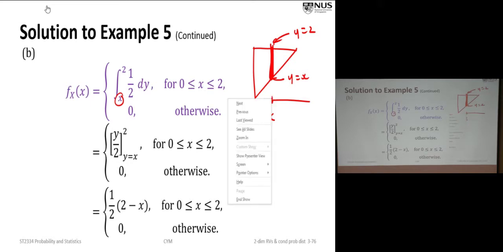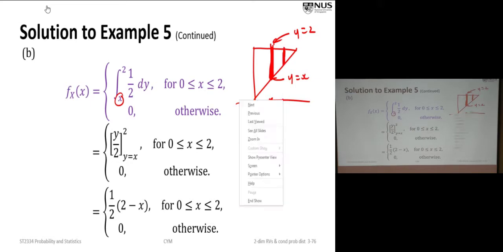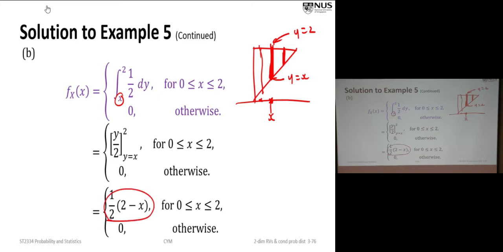I squeeze all the density to this. You can think of it, I have a two-dimensional plane, I try to squeeze it into one, so that all the density here will be concentrated on this one. So all the density here will be concentrated here, and all the density here will be concentrated at this point, and so on. So that's how we do it. So after we complete the integration, it will be half times 2 minus x for x between 0 and 2.